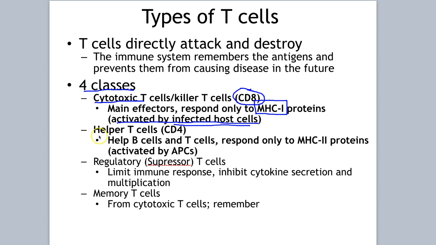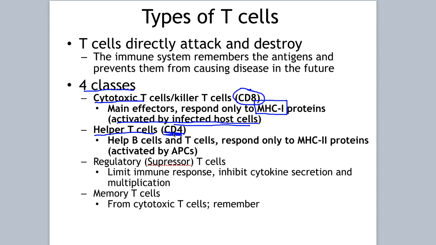All right, the second type of T cells are called helper T cells, or CD4 T cells. I kind of think of them as like the admiral of all of the immune cells. Even though they're called helper cells, they're sort of the boss.